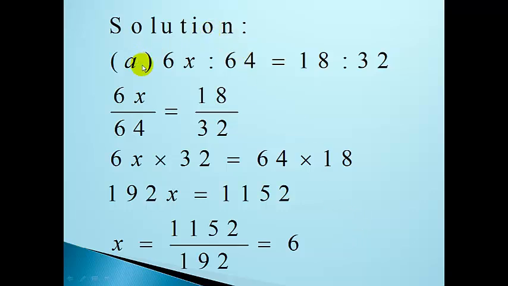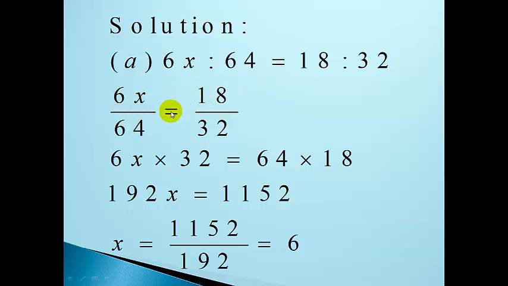Solution: A. From the question, we were given 6x is to 64 is equal to 18 is to 32. Now we said ratio compares things, and therefore the left hand side can be simplified as 6x divided by 64.